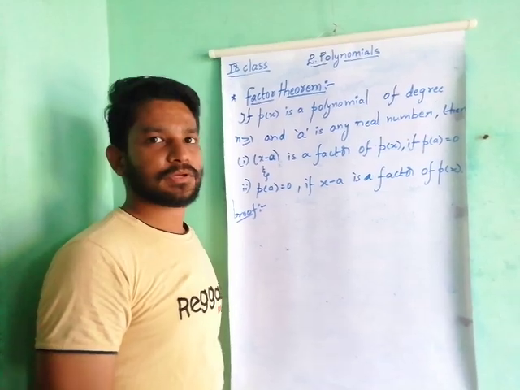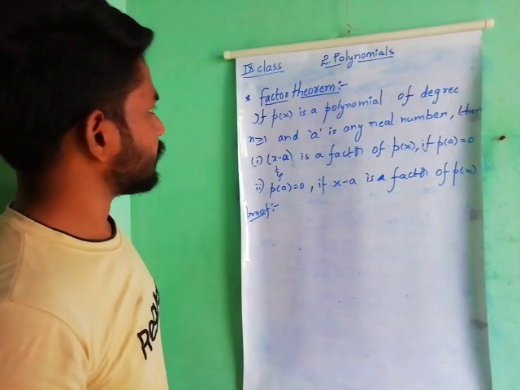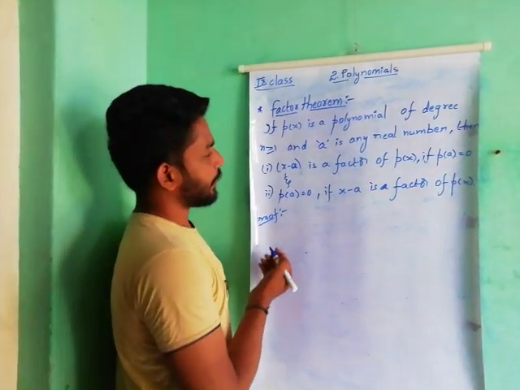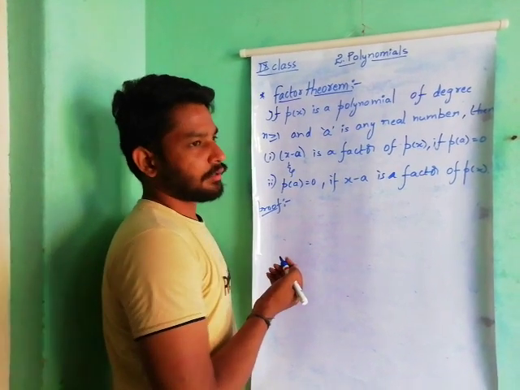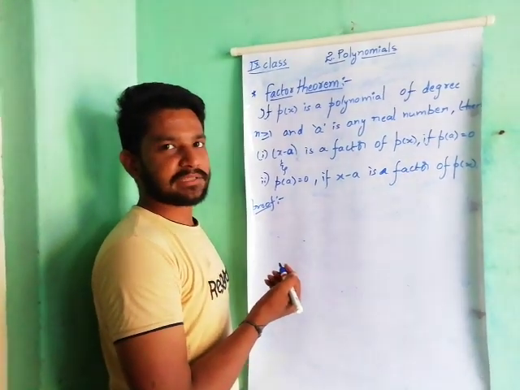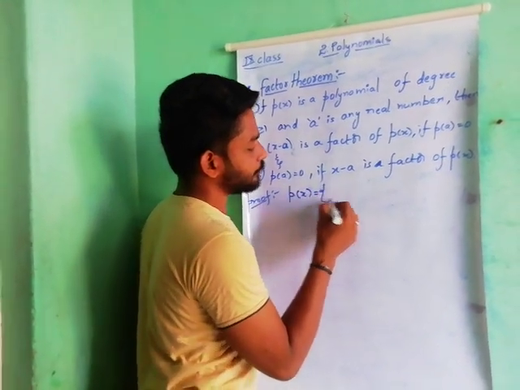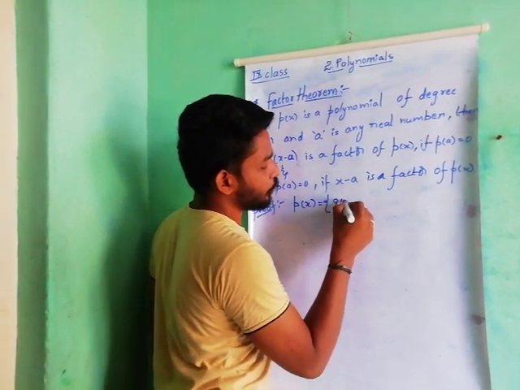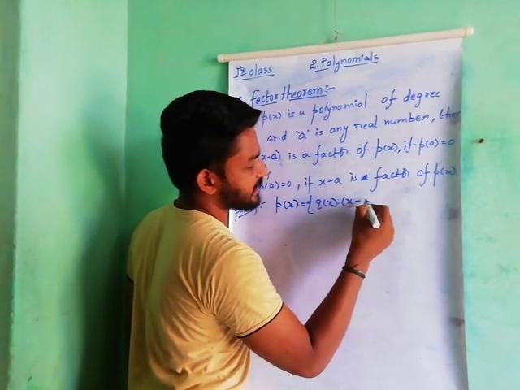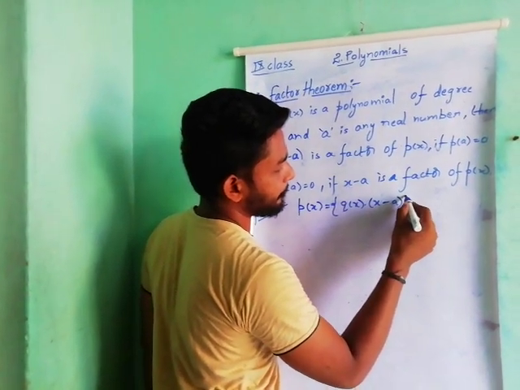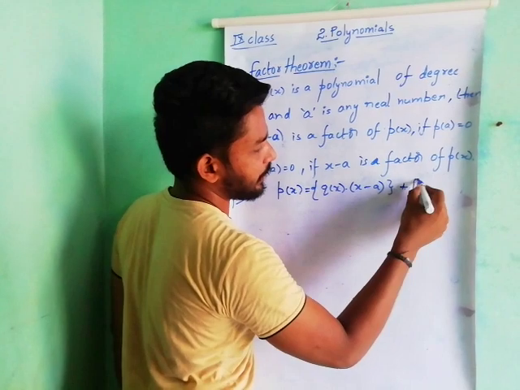Coming to the proof, we know the identity from the remainder theorem. What is that? p of x is equal to q of x into x minus a plus remainder.